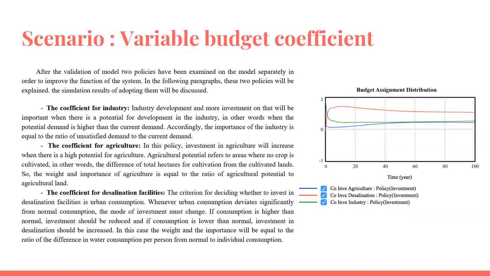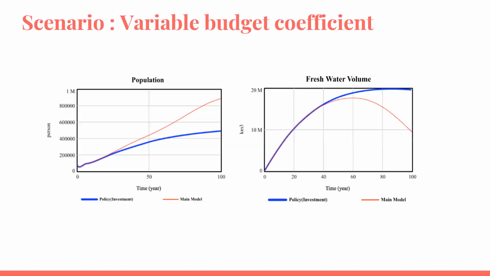But as a policy, we decided to let this coefficient be variable, and the model will determine it according to the importance of each part. We consider a metric for the importance of each part, and it will determine the coefficient.